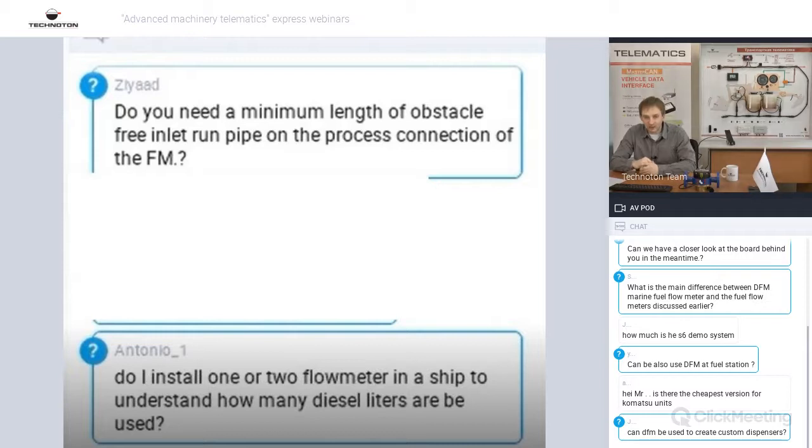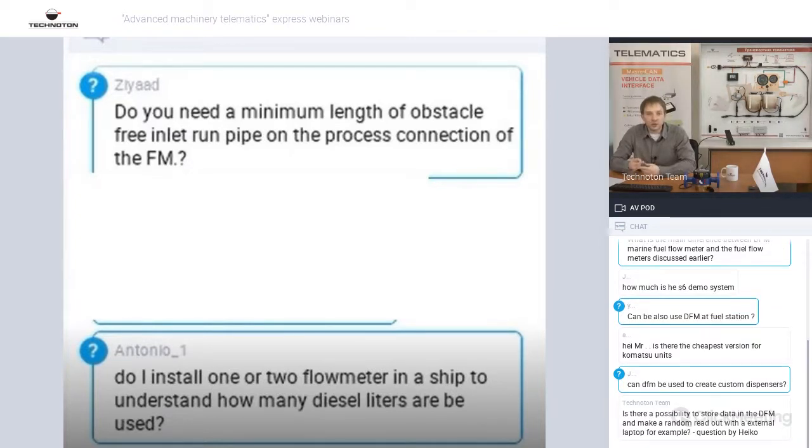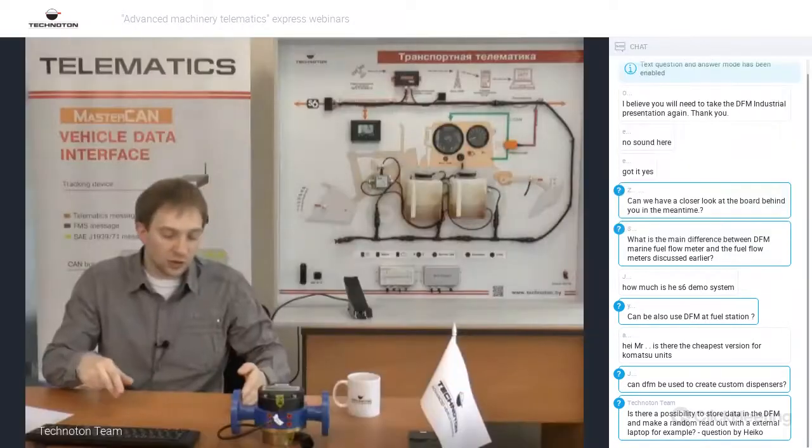After several days of analyzing and negotiation with a partner, with the end client, we concluded that only one fuel flow meter should be used. There was a ship with two engines, and there was a possibility to install two flow meters, one for one engine and another one for the second engine.